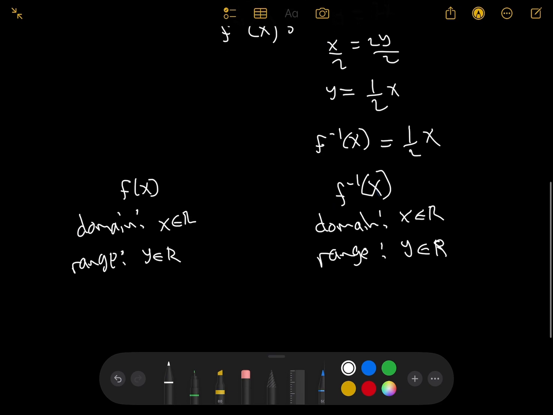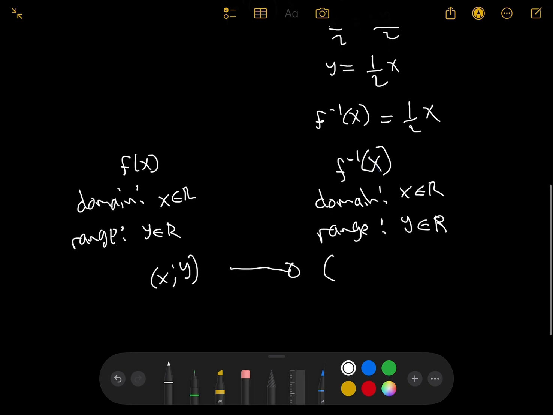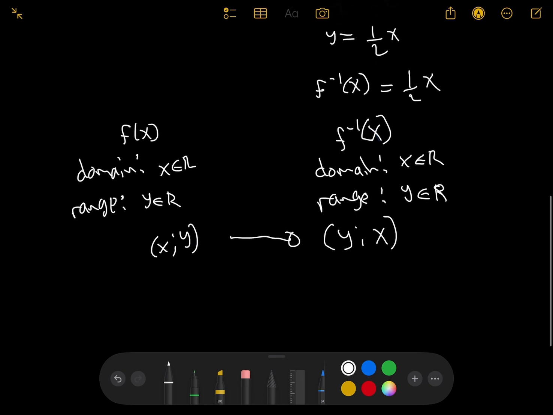Now let's compare the x and y values of both graphs. Here you have xy values, the coordinates. But for your inverse graph, the two values swap all the time. So this is what you end up with.